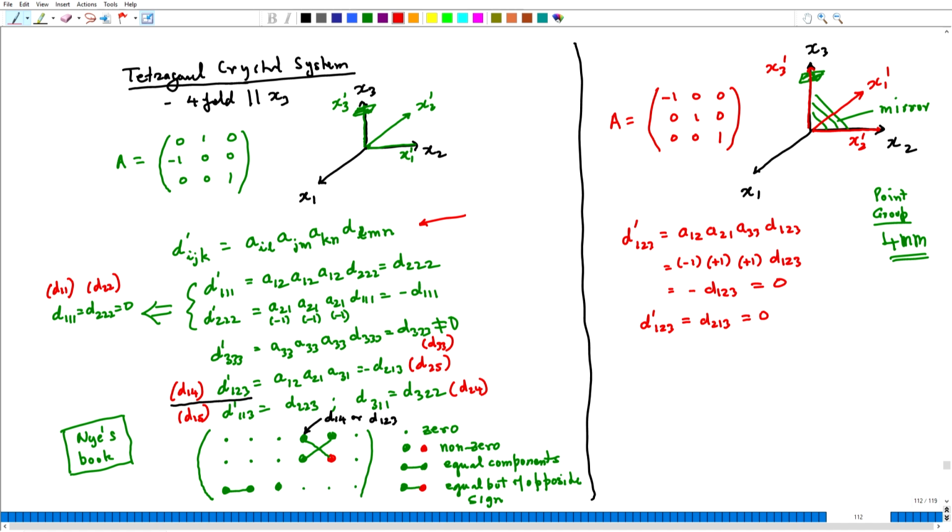And what is D213? D213 in the reduced notation is D25. And where is this D25? Well, this is D25 or D213.